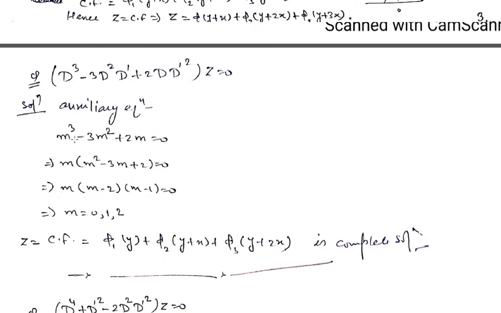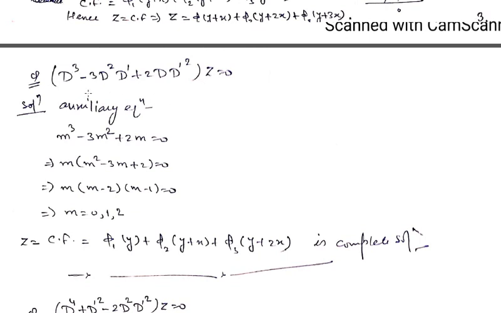These are the factors of the given auxiliary equation. So m = 0, 1 and 2 are roots of the auxiliary equation, and about 0, 1 and 2 the complementary function is φ1(y) taking m = 0, and when m = 1 it becomes φ2(y + x), and for m = 2 it becomes φ3(y + 2x). This is the case when D is a non-repeated factor of the given equation.